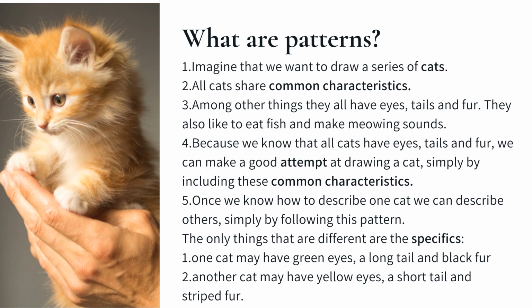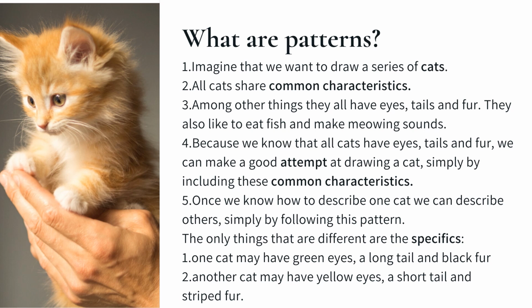All right, more examples for you to understand the meaning of patterns. Let's assume that we want to draw a series of cats. All right, we all know that all cats have common characteristics. As we mentioned, patterns means common characteristics. All right, so among other things, all cats have eyes, tails, and fur. They also like to eat, for example, fish and make mewing sounds.